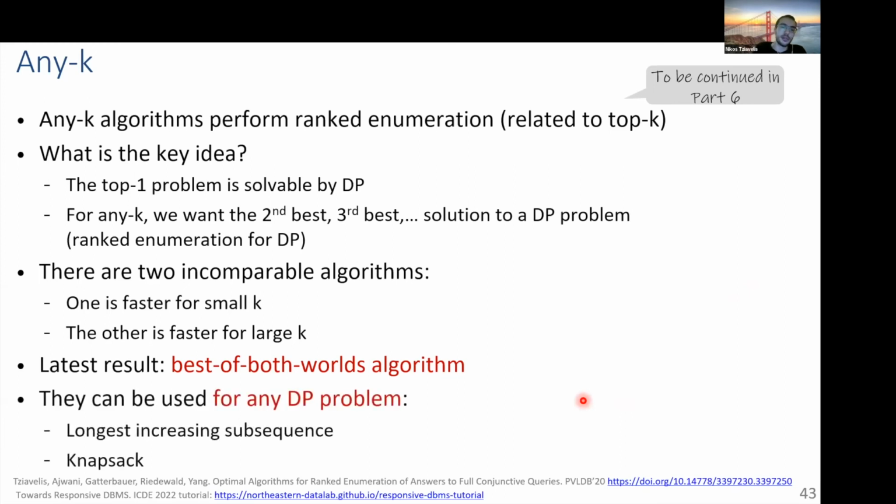Now, these algorithms can be used for any problem solvable by dynamic programming and not just joins. So, for example, you can apply it to the problem of longest increasing subsequence, the knapsack problem, or whatever problem your favorite DP problem is.